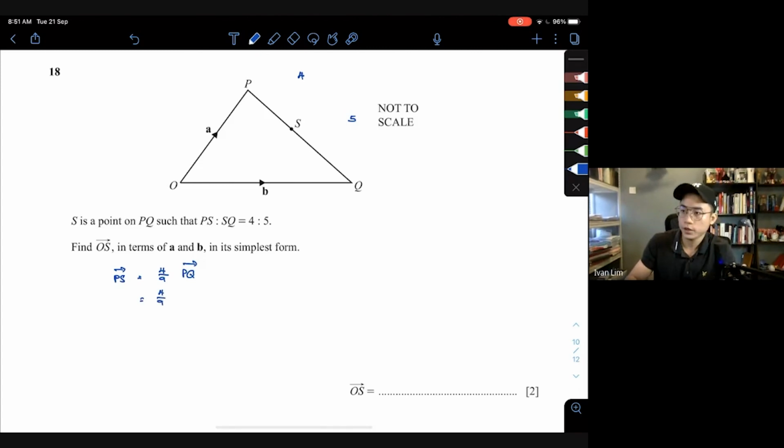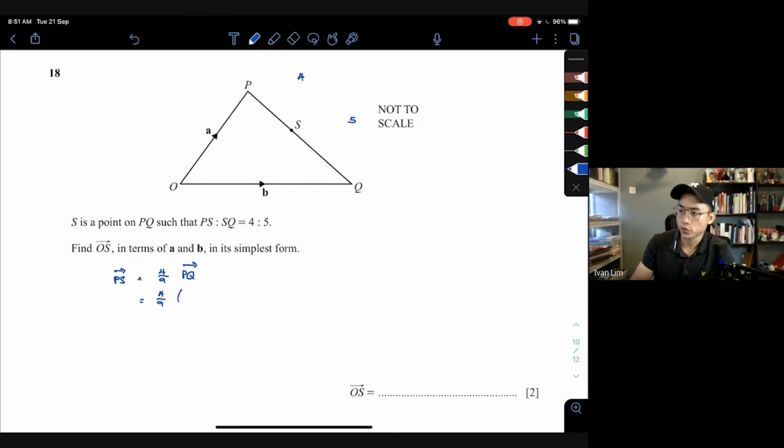So 4 over 9, PQ would be PO plus OQ. Okay, you don't have to write until so detailed.